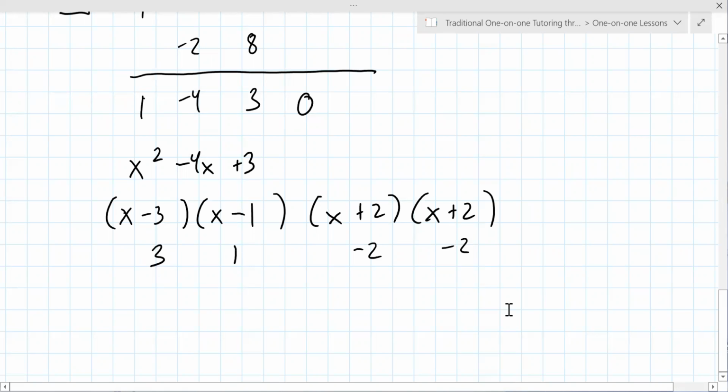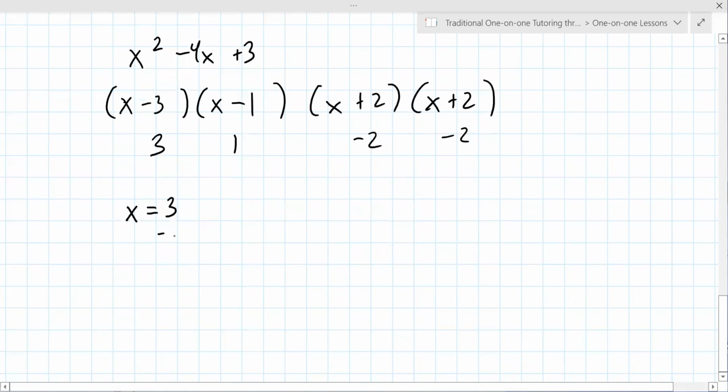Let me show it to you differently. So let's just say x equals 3 is a solution. If you subtract 3 from both sides, you get x minus 3 equals 0. And if x equals 1 is a solution and you subtract 1 from both sides, you get x minus 1 equals 0.